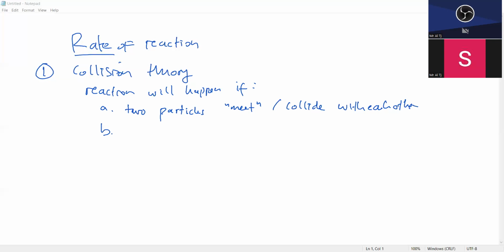And their kinetic energy must be higher than the minimum energy required.